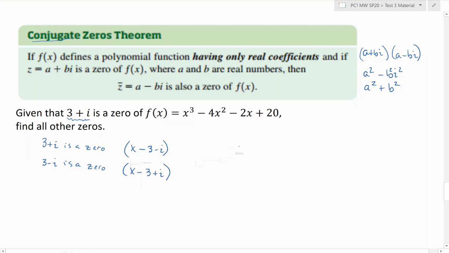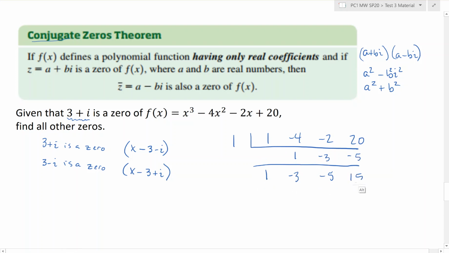All right, so now that I have those two complex zeros, I can do some synthetic division to try to find the last one, or you can take the product of those and divide this with long division by that. But let's see where we get with just doing some synthetic division. I know that 1 is a possible rational zero, and it doesn't work for us here.